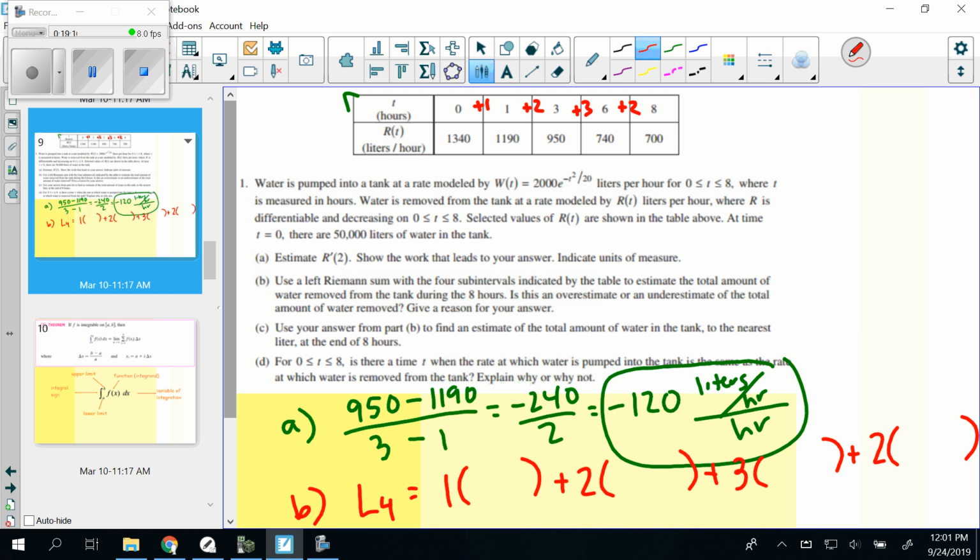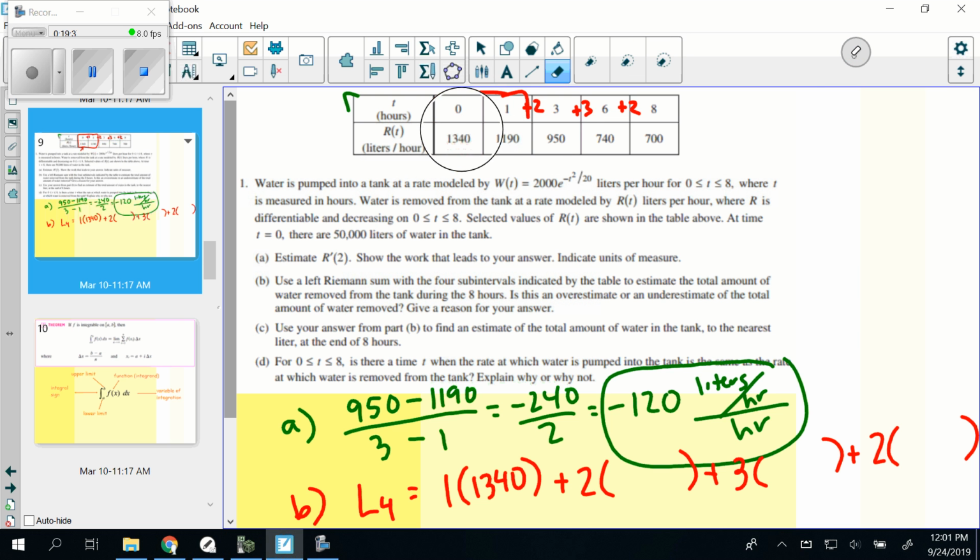What heights do we want to use? If we're using the left one, then we want to use the one on the left here. If it had said right one, then we would use that one as the height. So if we're just looking at this rectangle right here, this would be the left height. So this first one would be 1340.